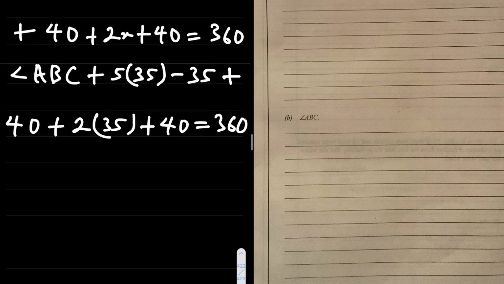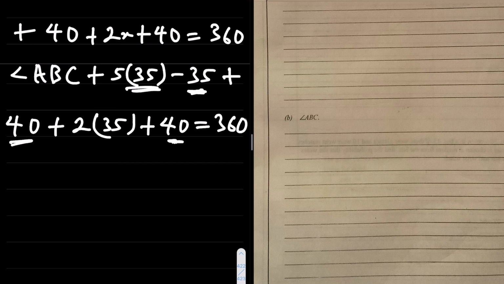And what does that mean? 5 times 35 is 175 minus 35, that's 140, plus 40, that's 180. 180 plus 2 times 35 is 70. 180 plus 70 is 250, plus 40, that's 290.